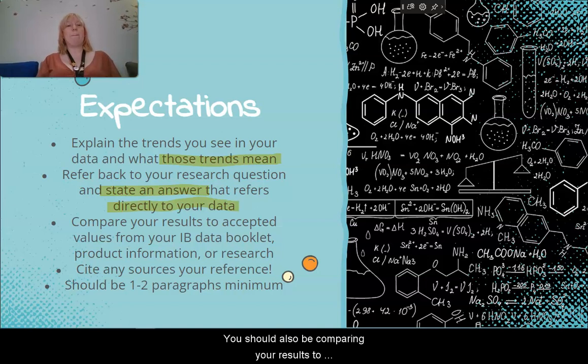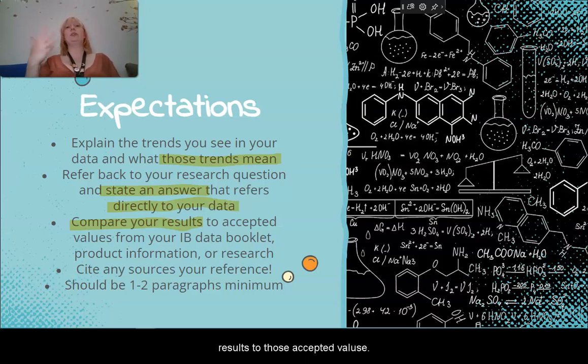You should also be comparing your results to accepted values, which can usually be found in your IB data booklet. And finally, you should cite any source that you use for your reference, such as when you are comparing your results to those accepted values. As a result, your conclusion should be about 1 to 2 pages minimum. It can be longer, but you can usually get most of the information you need in those 2 paragraphs.